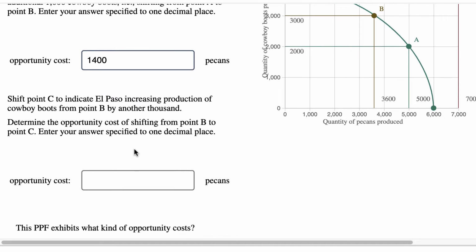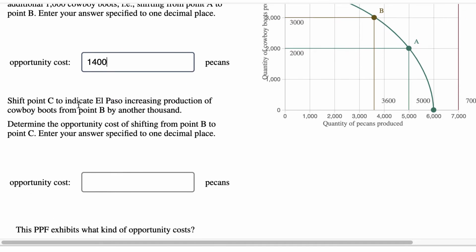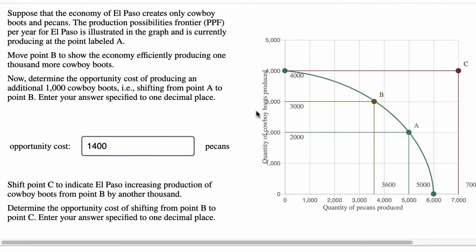Now if we keep going, it says shift point C to indicate El Paso increasing production of cowboy boots from B by another 1,000. So we were at 2, it goes up to 3. It wants to know the opportunity cost of producing 1,000 more. Again, we have to slide the point up the line, because we can't just go up 1,000, since that's outside of our production possibilities frontier. As we go up on the y-axis, as we produce more boots, we produce fewer pecans.